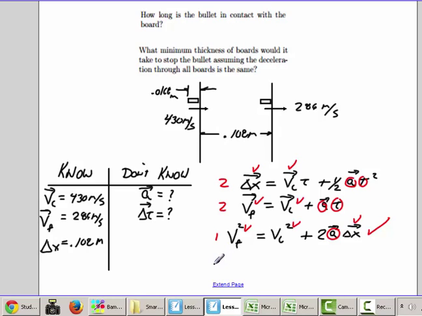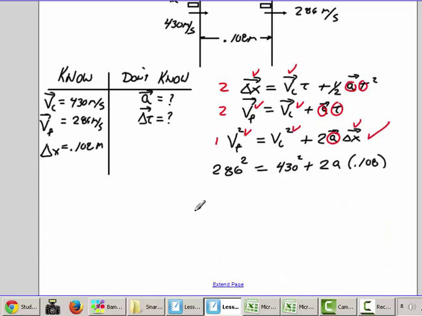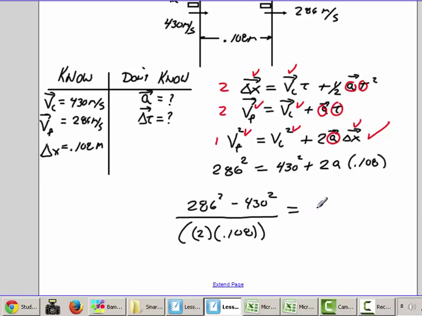My V final would be 286, we're going to square that, is equal to my initial, which is 430, we're going to square that, plus 2 times my acceleration times 0.108. Move this to the other side, that gives me 286 squared minus 430 squared, divided by, in parentheses, 2 times 0.108, and that's going to equal my average acceleration here.